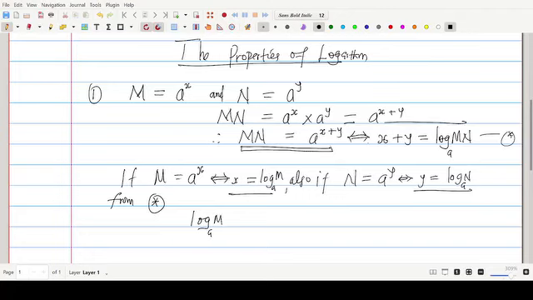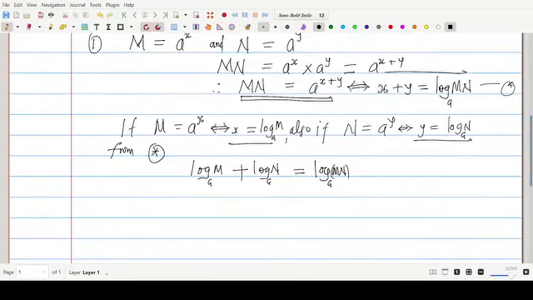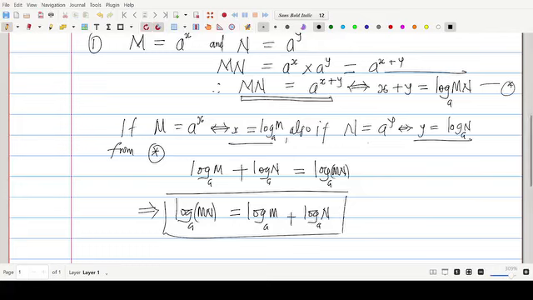Then plus our y is log to the base a of n. And that is equal to, on the right hand side, log to the base a of mn. Now this, we can rearrange as log to the base a of mn equals log to the base a of m plus log to the base a of n. And this is the first property of logarithm we've derived so far. Is the first property. So let's call this one.